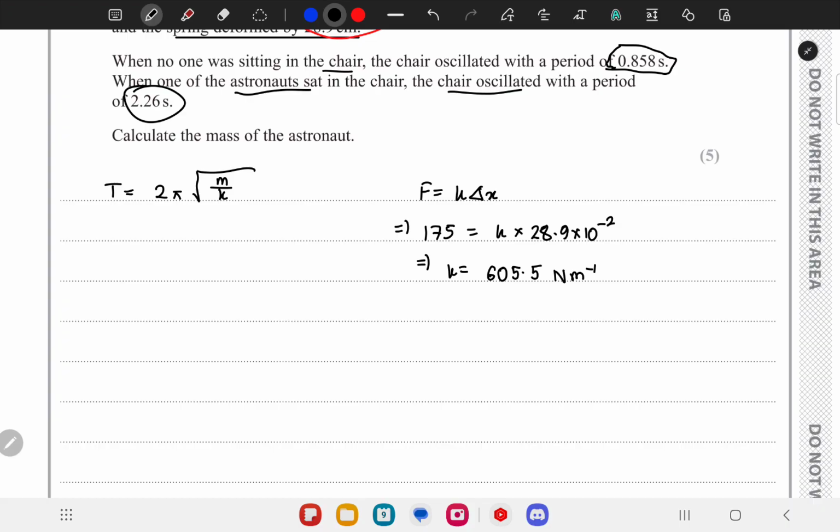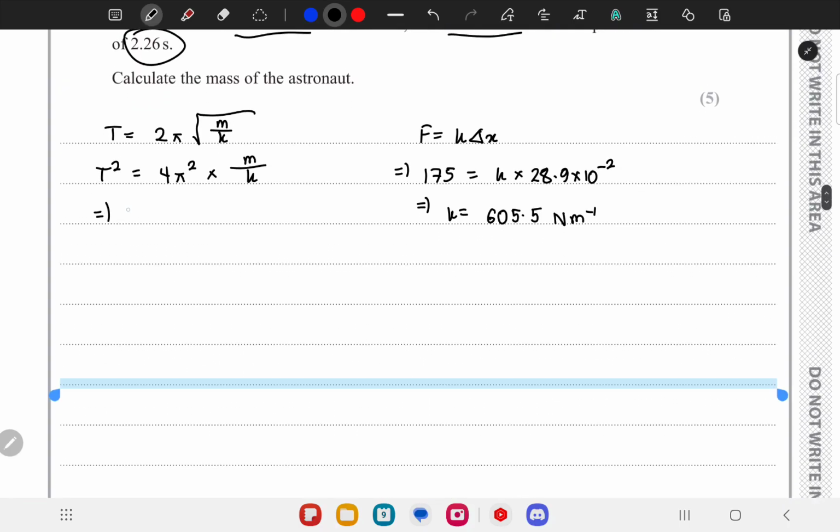So the time period without the astronaut is 0.858 seconds. From this we can find the mass of the chair. If we square both sides, we can make m the subject to make our calculations easier. If we square both sides, we'll get T² on the left, 4π² m/k on the right. Now if I want to make m the subject, I'll get m = kT²/4π².